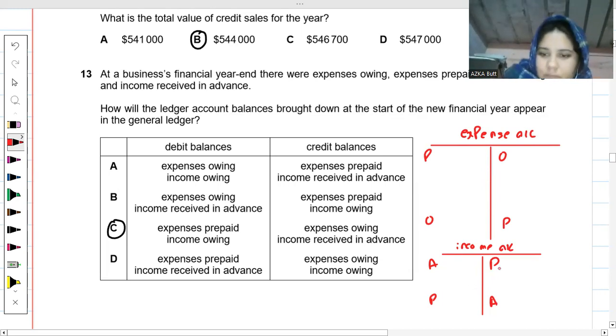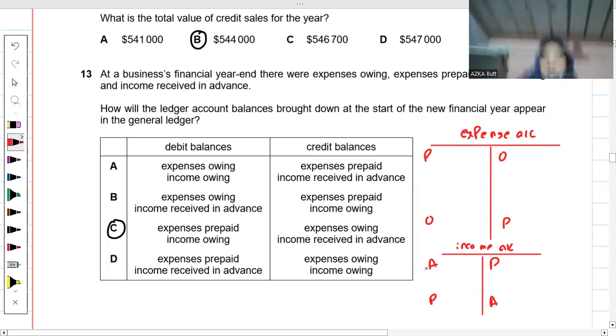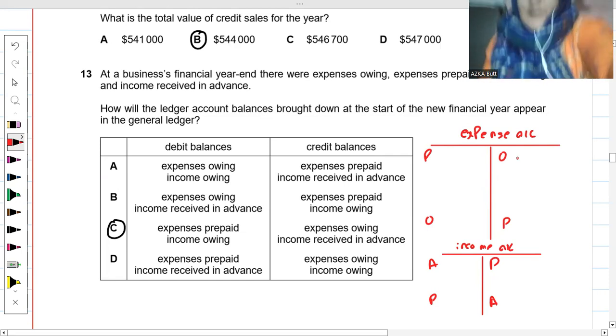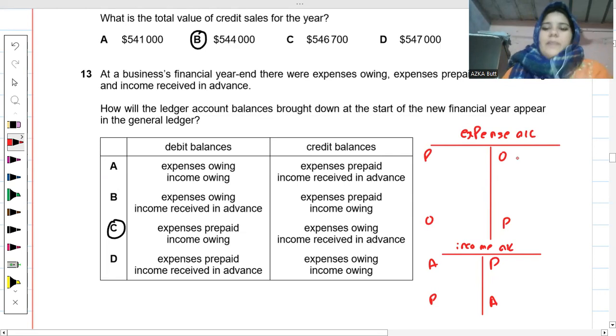And if it is prepaid income, it will be recorded at the start of the year on the credit side. And if your expenses are prepaid at the year start, it will be recorded on the debit side. And if your expenses are owing, it means that you have received services from, for example, the water supplier or someone else, so it would be recorded on the credit side.